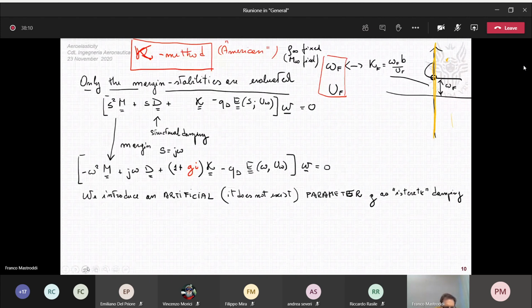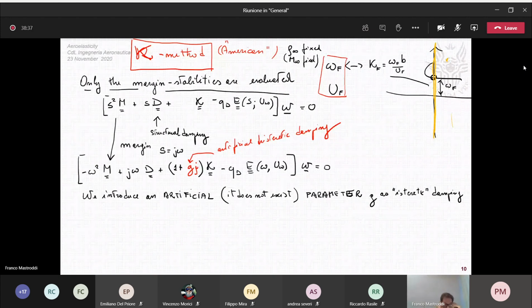So let me use J, not I, for consistency. J. This is the artificial hysteretic damping. Okay. Now we can recast our equation in a suitable way.